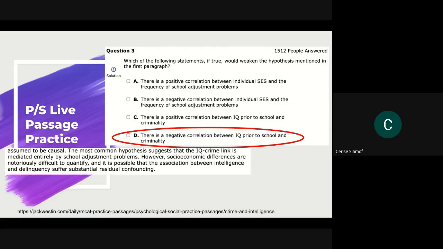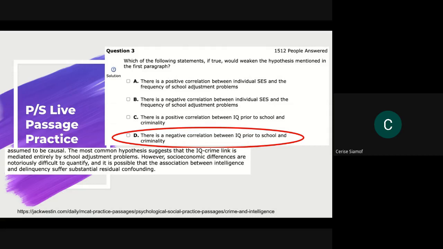So if we want to weaken this hypothesis, we want it to not be true, right? So we want something that suggests that the IQ crime link is not mediated entirely by school adjustment problems. So A and B don't answer this question, so we can rule those out.